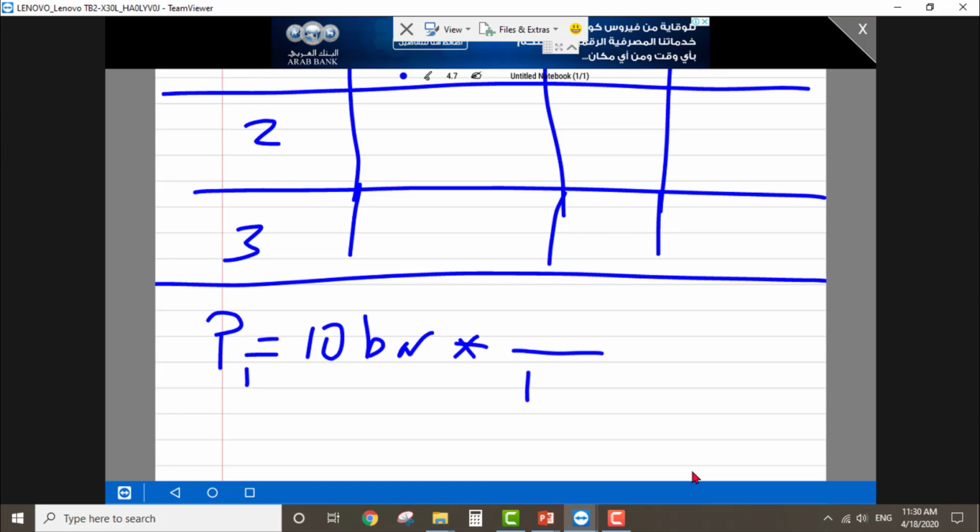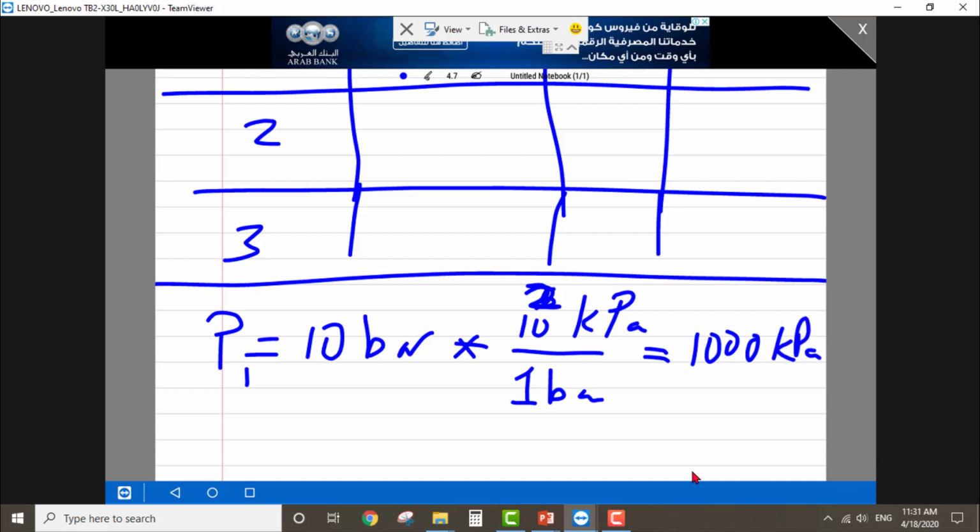So every 1 bar gives 10 to the power 5 pascal, or 10 to the power 2 kilopascal, because I need it in kilopascal. If it's in pascal, then this is 10 to the power 5. This is equal to 1000 kilopascal.